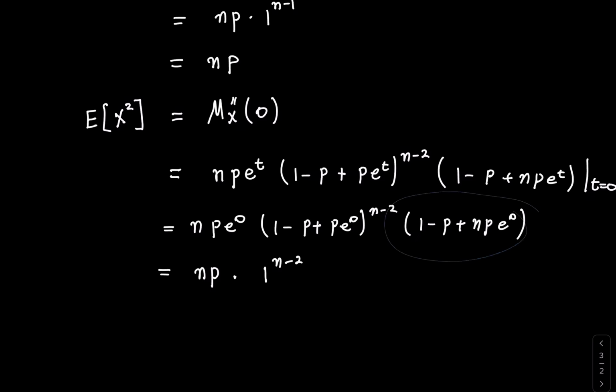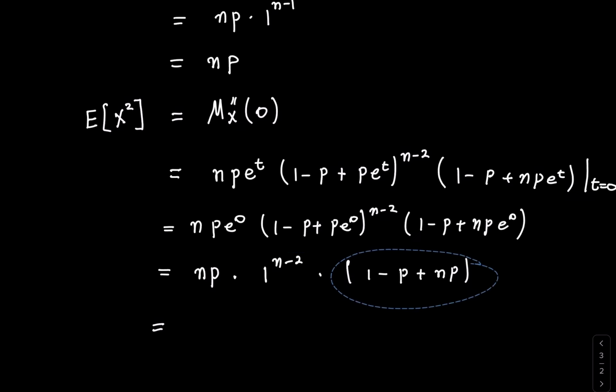And then on this side of the equation, what we've got is times 1 minus p plus np. Pretty straightforward expression. And finally, this can simplify down to, again, 1 to the power of anything is 1. I'm just going to leave that expression as is. And so our expression now becomes np multiplied by 1 minus p plus np. Quite straightforward, not straightforward, but we've got somewhere.